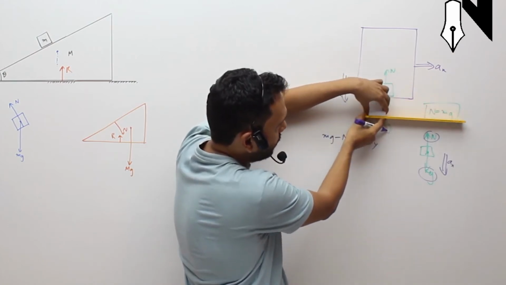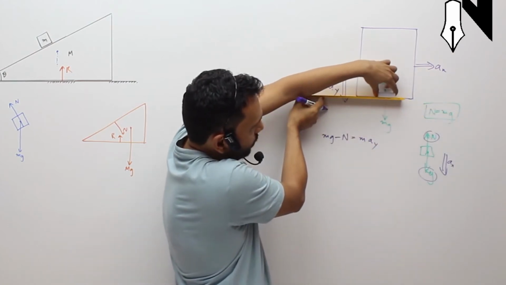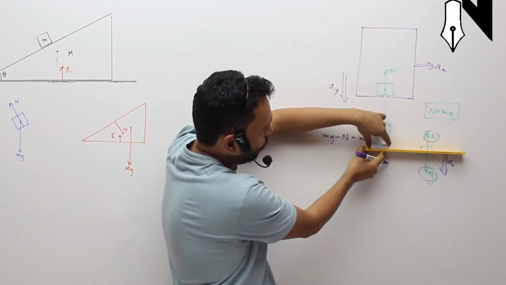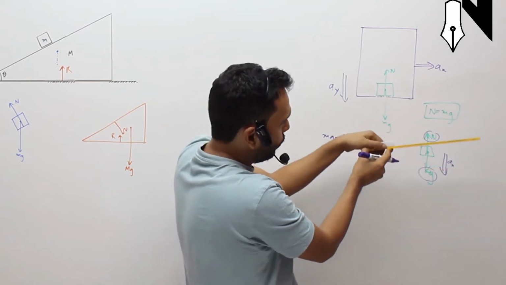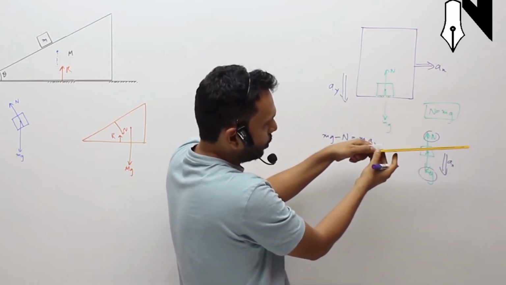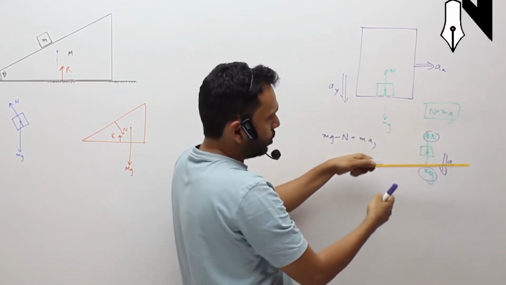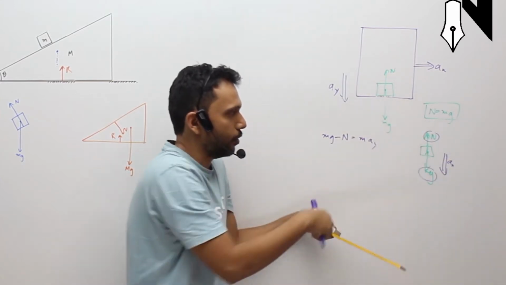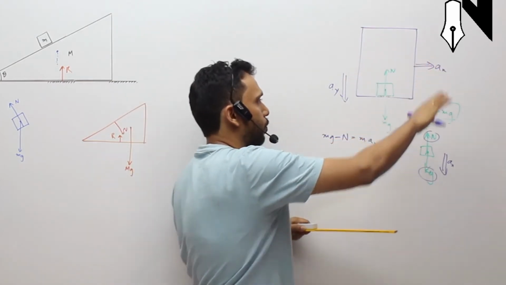It's like this. So I'll show you. The block goes down. The lift goes forward, the block goes down. So if the lift is going down, the block goes down, then the normal reaction must have become less as explained to you. So it has nothing to do with the forward thing.